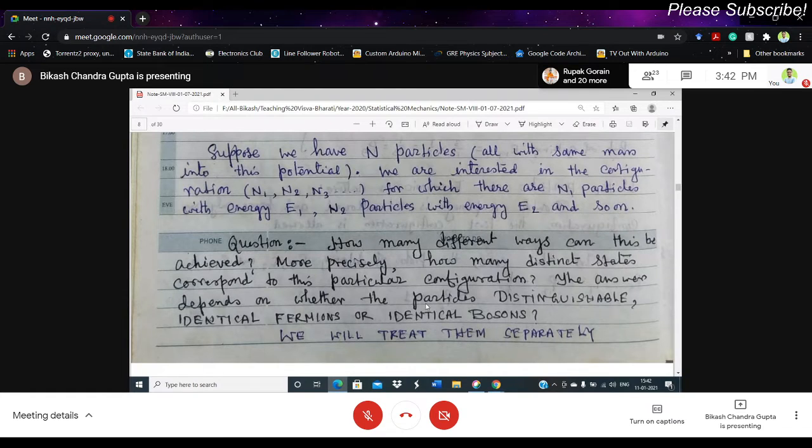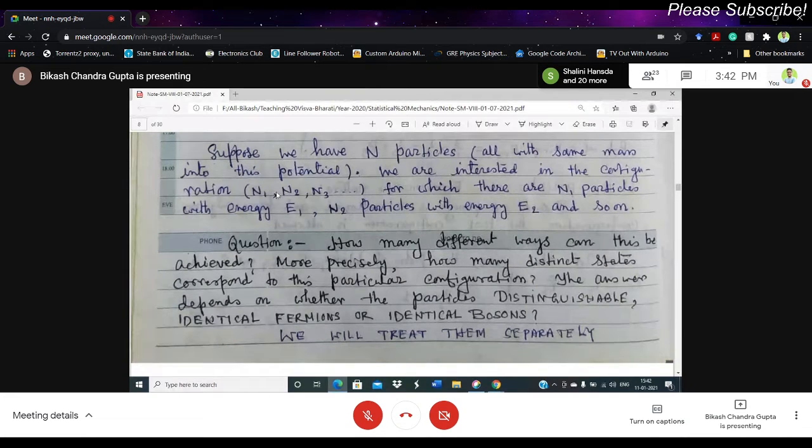So the whole idea is that you have N particles. Now I want to place N1 particles with energy E1, N2 particles with energy E2, N3 particles with energy E3, and so on.